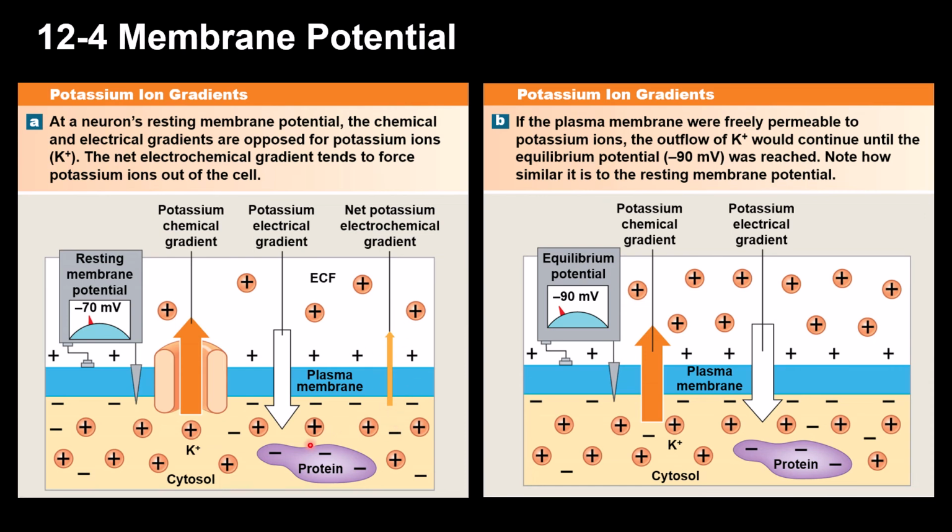But the potassium has about 25% more possibility to leave the cell compared with sodium. Why? Because the potassium channel is leakier than the sodium channel. So it allows potassium 25 times more than the sodium to leave the cell.